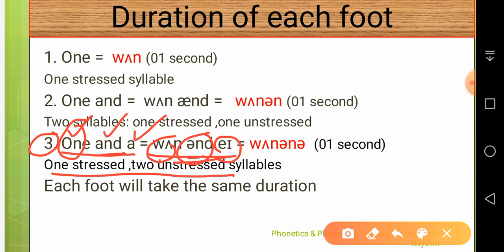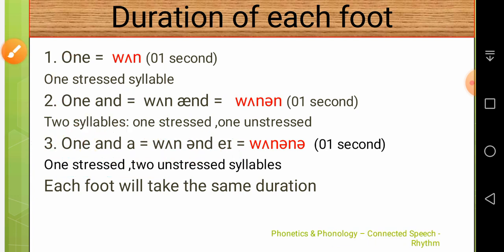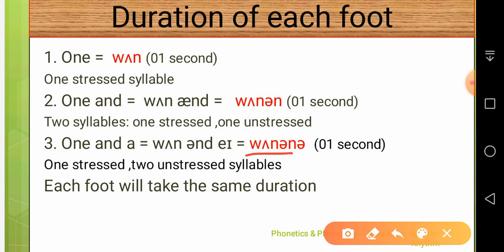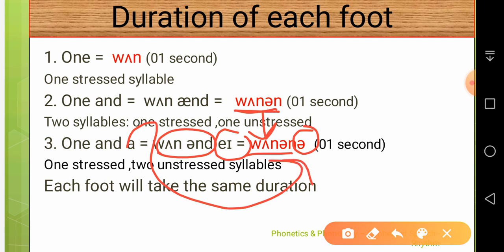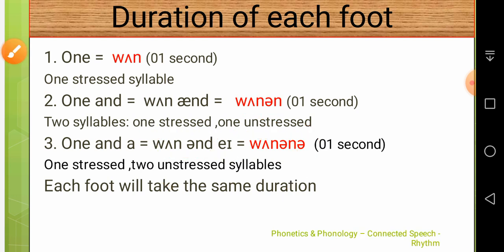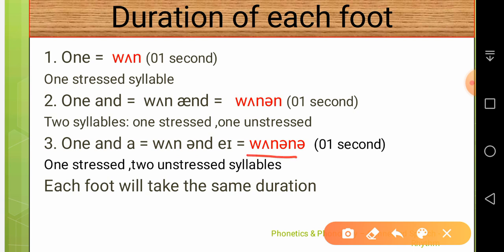They will jump from one to the next stressed syllable. In between, these will either not be pronounced or will be shortened. They are going to pronounce it like onean and then a. Now this a is going to be turned into a schwa sound, and in practical speech this will be heard like this, oneana.